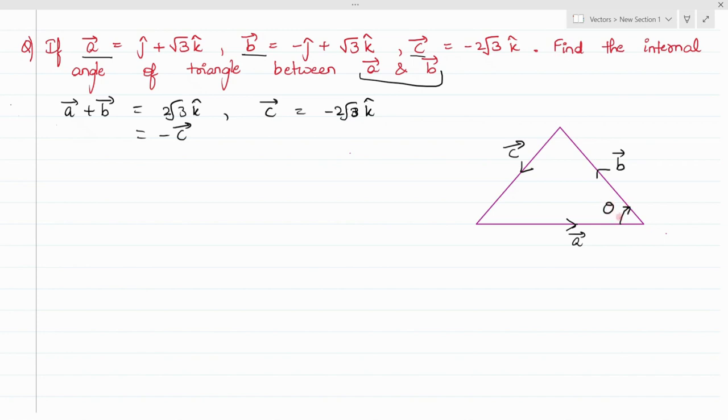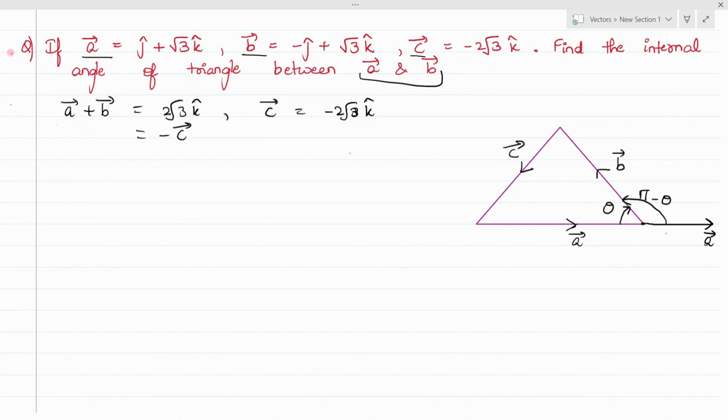To find this, first we need to have co-initial vectors. So let's extend this A vector over here. It becomes A only. Now this A and B vector become co-initial vectors because they have the same initial point. Now this angle becomes pi minus theta.